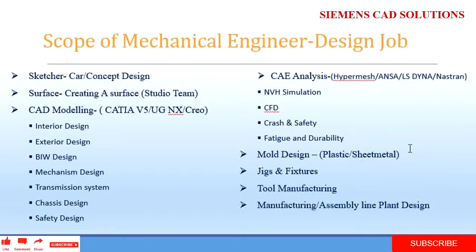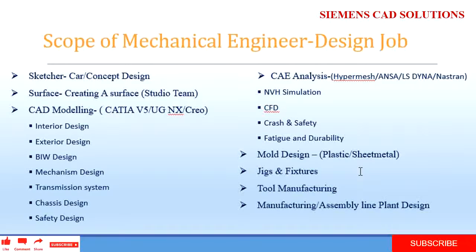Then if you want to be a designer in the manufacturing related area, you can go for jig design and manufacturing. This also needs to be done in Catia and UG NX. Nowadays mostly Catia and Creo are used for jig and fixture designs. For welding, for assembly lines, everything will be designed.